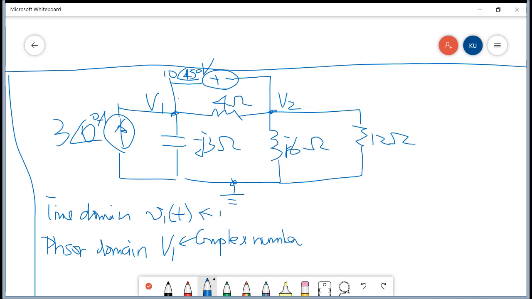This is a real sinusoidal function. And usually a single frequency. Otherwise, if it has multiple frequencies, you need to separate into many cases and then add them together.